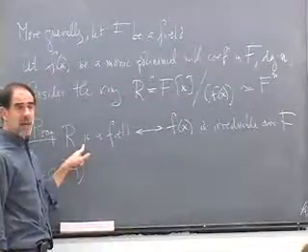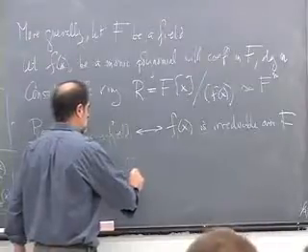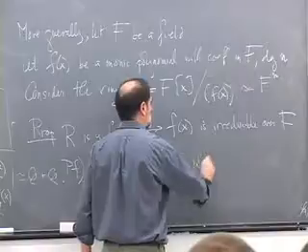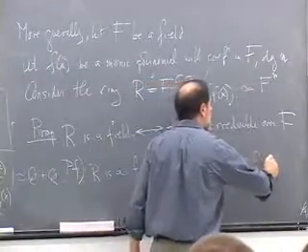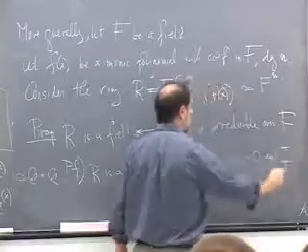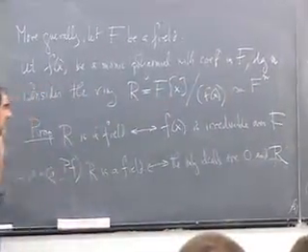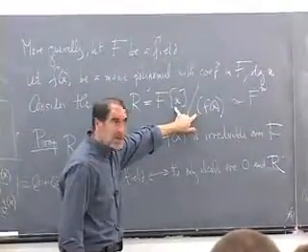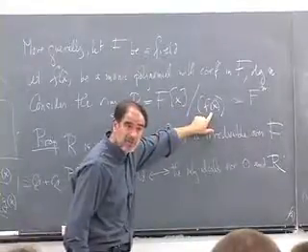We remember that R is a field if and only if it has exactly two ideals, 0 and R. That was our characterization of fields. Now, we remember that the ideals of this ring are precisely the ideals of the polynomial ring containing this ideal.